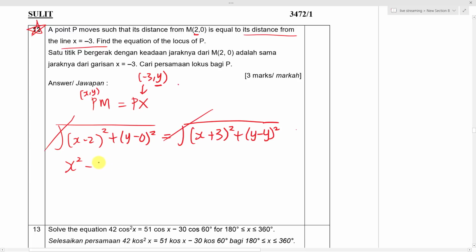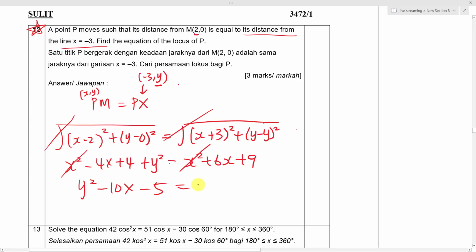This is x squared minus 4x plus 4 plus y squared equals x squared plus 6x plus 9. The x squared and x squared I cancel. I got y squared minus 10x minus 5 equals 0. And yes, this is the correct answer if not mistaken.